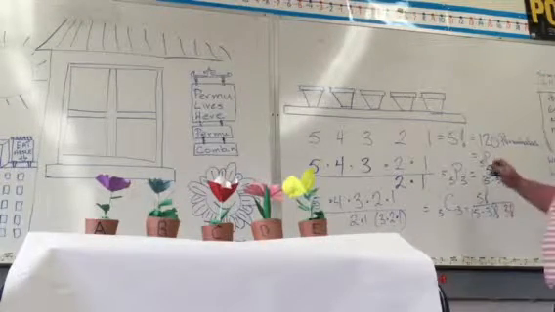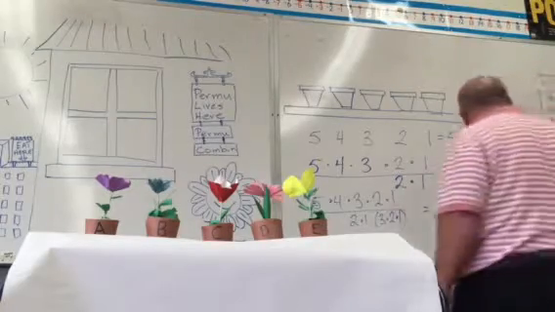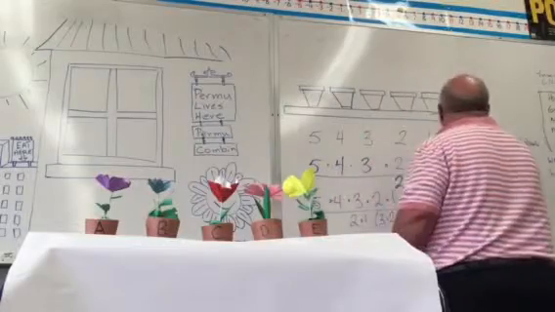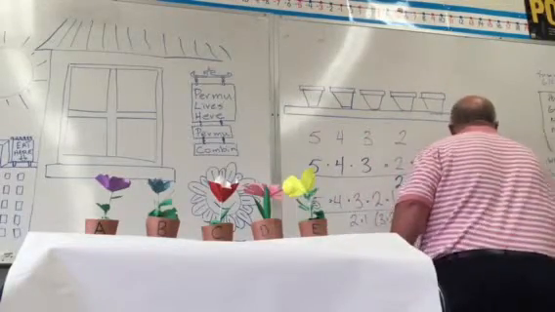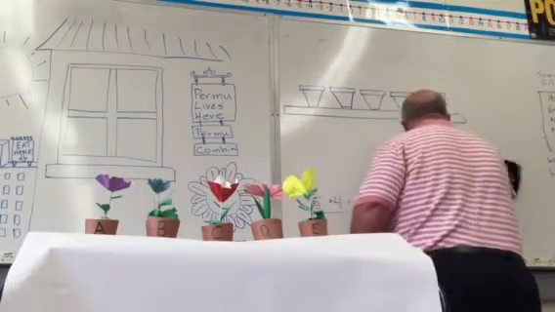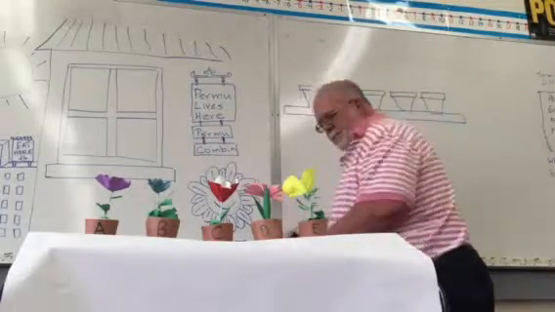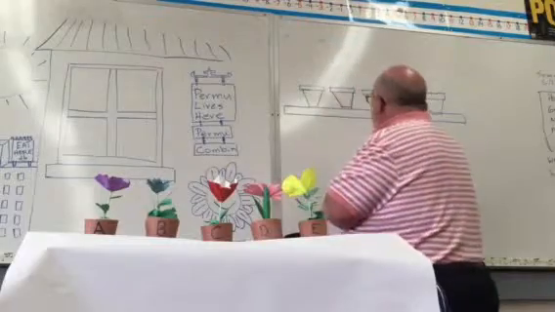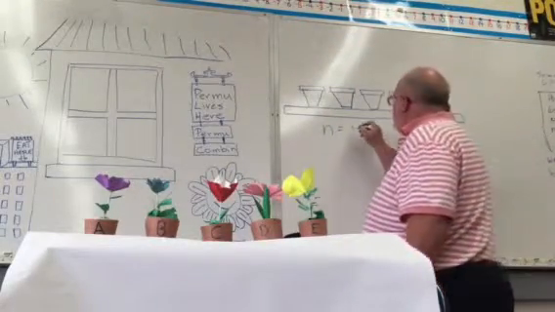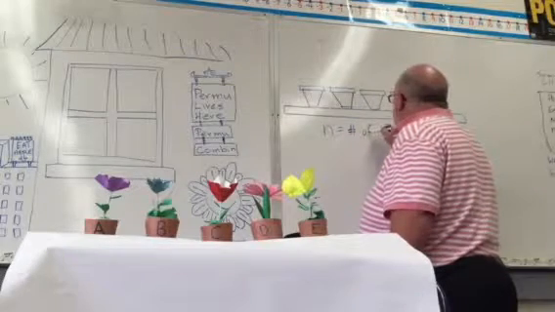So let's see if we can take a moment and come up with a way to talk about this in general. We're going to say that n is the number of items that I have to choose from.